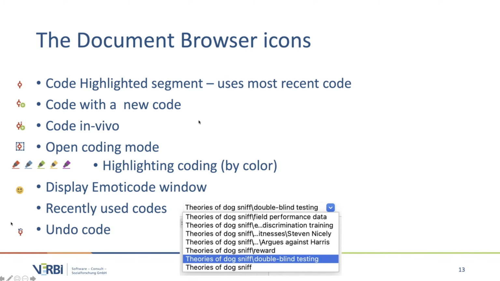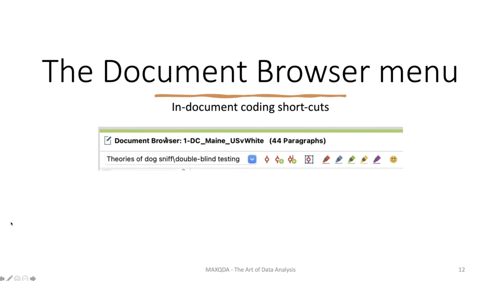So the document browser provides you with all of these tools. One of the things that's important here is most of these will be grayed out unless you have actually highlighted some segment in your document. Okay, and again, I'll show you that live as well.